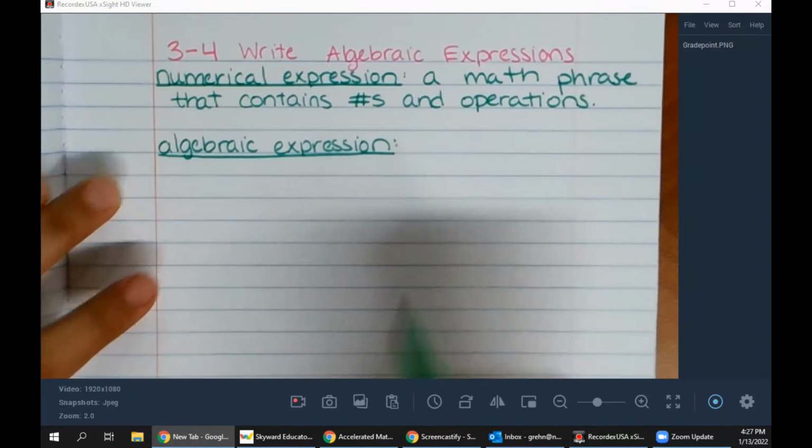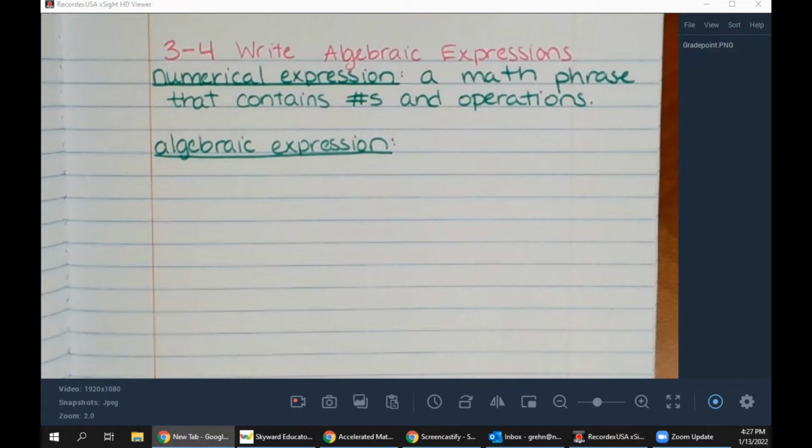So an algebraic expression is really similar to a numerical expression. The difference is you can include variables, and we're going to talk about what a variable is in a minute as well.